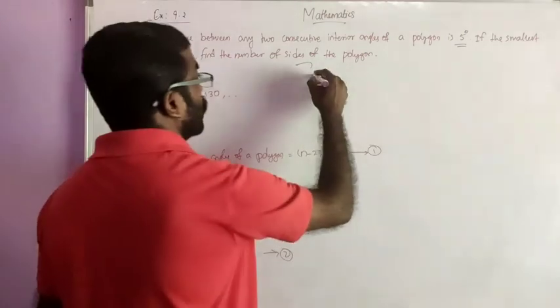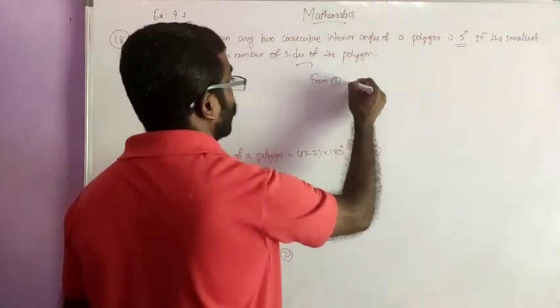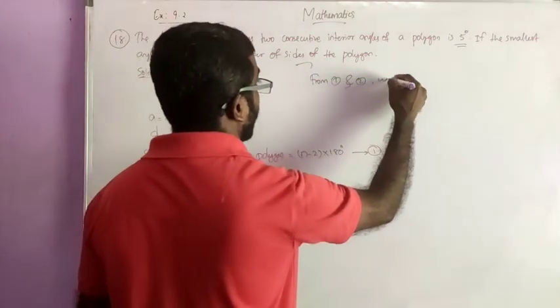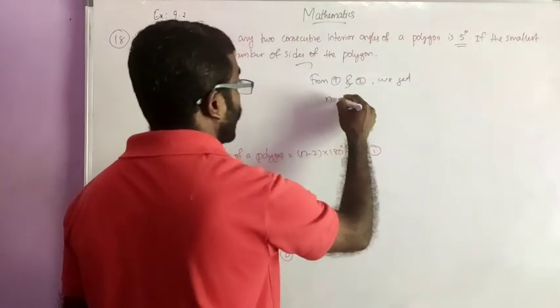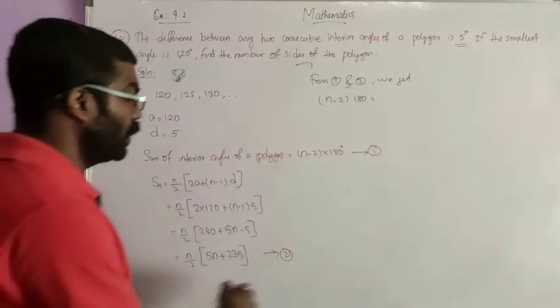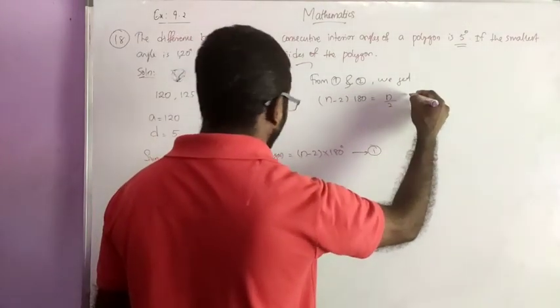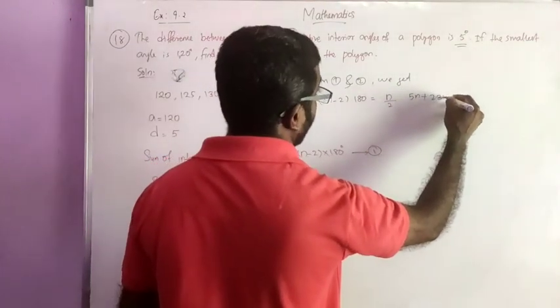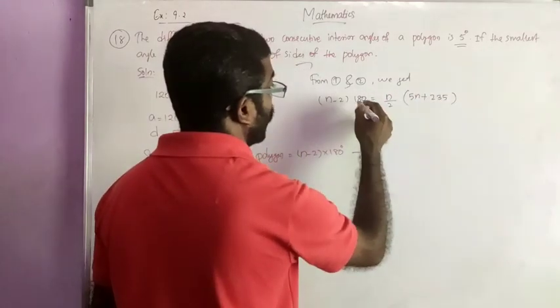So from 1 and 2 we get n minus 2 into 180 is equal to n by 2 into 5n plus 235. This 2 we can cross multiply.